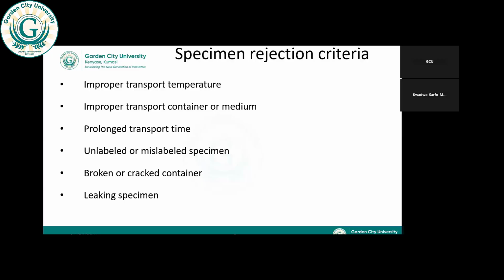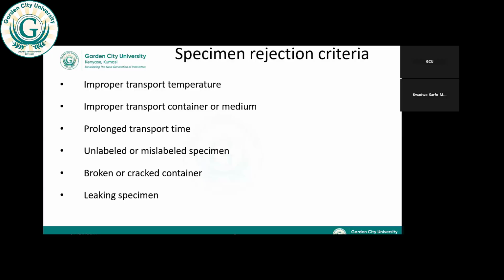But if it's an improper transport medium or container, assuming you collect a blood specimen and you still transport that blood specimen in a syringe, when the blood specimen could have been put into the right container or medium.